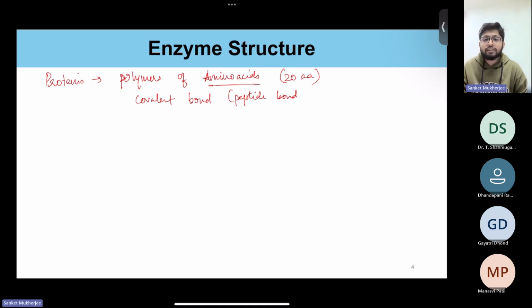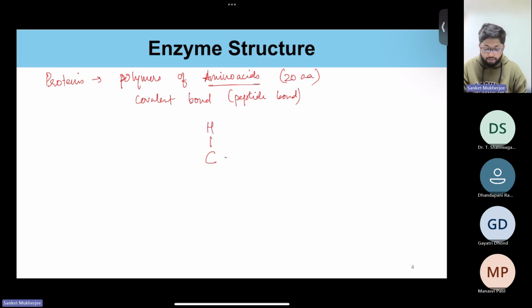If we look at the basic structure of an amino acid, all 20 of them have a common structure. There is a carbon in the middle, also known as the alpha carbon.